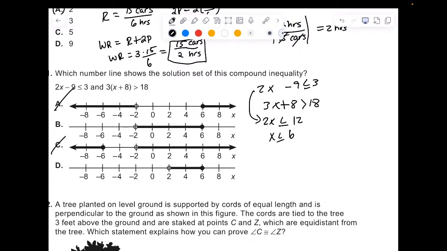Okay. And then this one now. 3x is greater than 10. What?